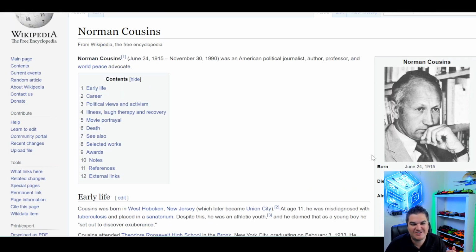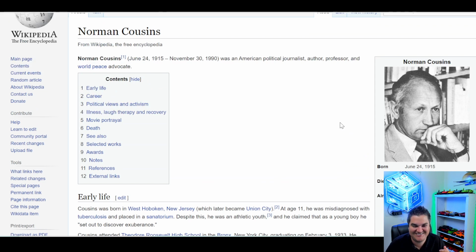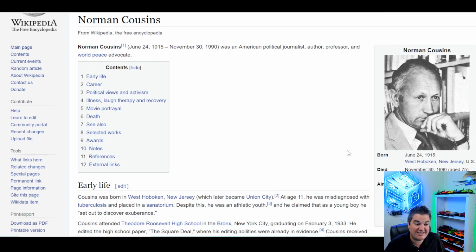But for some reason, I thought, he doesn't have any crazy kid's name like Erasmus from yesterday, but if you want to know what his signature looks like, you can find it right here for some reason. I've never seen that in Wikipedia. See, there's someone's signature. That's pretty cool, I guess. Born in 1915, so been around. He's famous enough to have quotes, right? Quote of the day. Kudos to Norman.